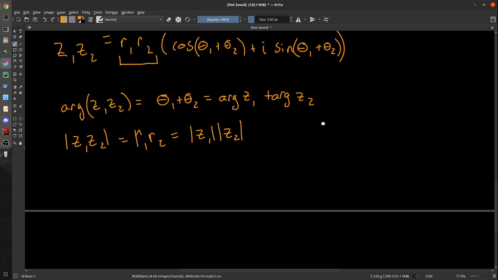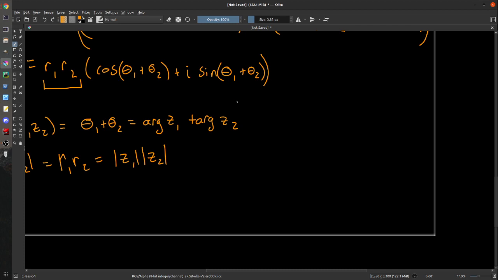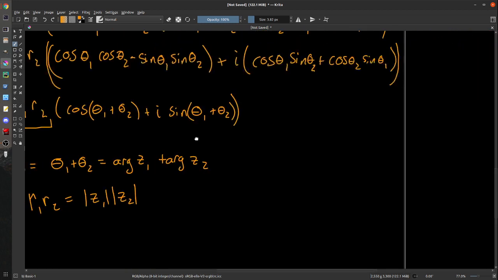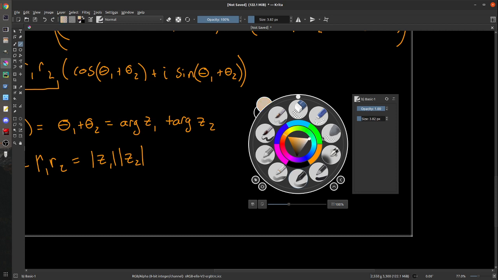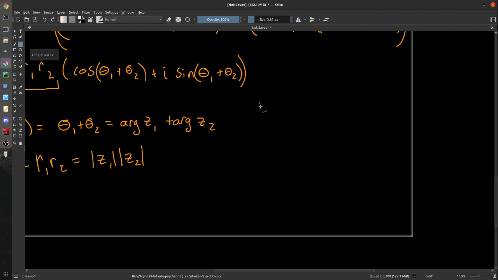That's pretty cool. Okay, so let's visualize this really quick. Let me give myself a copy of C here. So this will be C. I'll just have the usual imaginary and real axes.